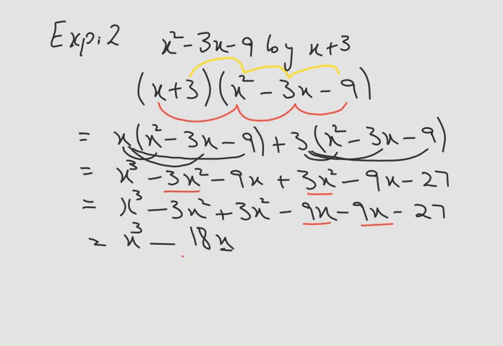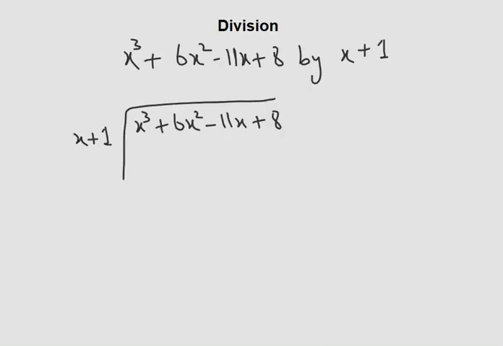Here we are not going to add the power, and minus 27 will come in its own place, and this is the answer of the multiplication of two polynomials, x plus 3 multiplied by x square minus 3x minus 9.